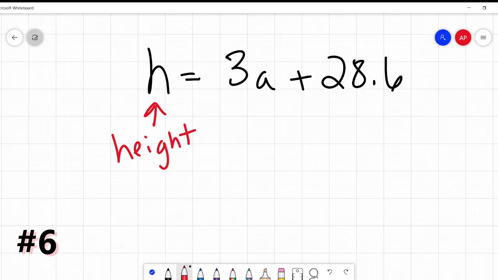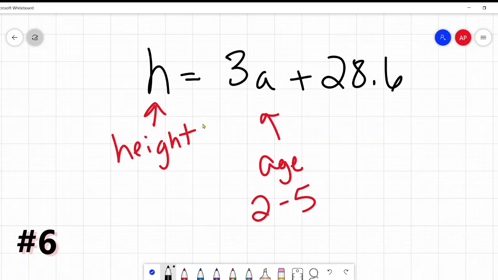Excuse me, just choked a little bit on this little pollen here where I'm at. The height h of a boy in inches in terms of the boy's age in years between 2 and 5. Based on the model, what is the estimated increase in inches of a boy's height each year? This is one where there is a little bit of a shortcut here.